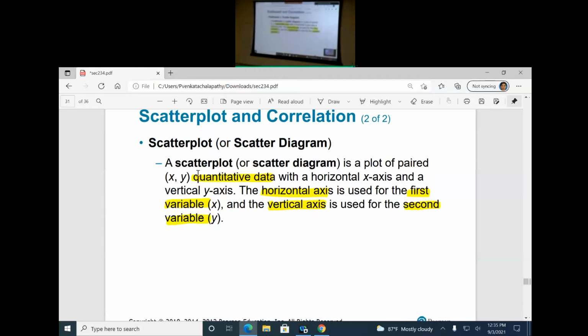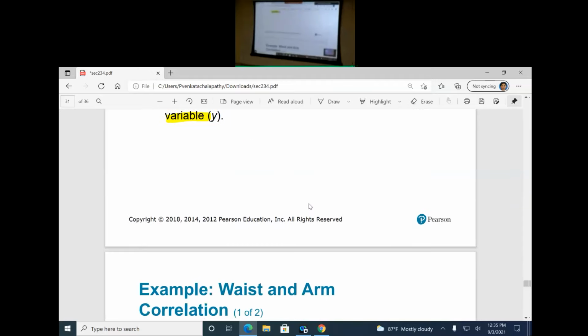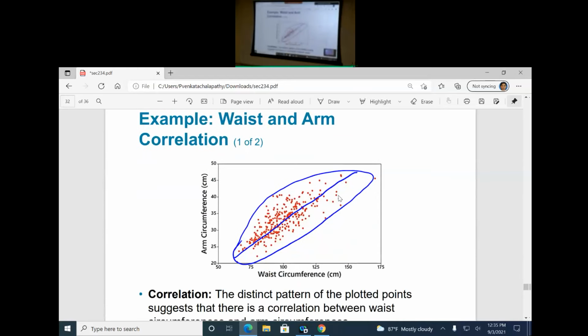This scatterplot is used for quantitative data where the first variable is drawn on the horizontal axis and the second variable on the vertical axis. Here we have data with different variables: arm and waist are the two variables, and we have data correlating them.